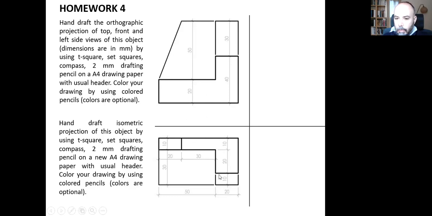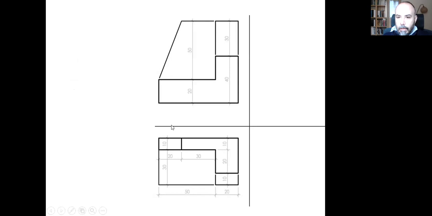And there are some clues here, like these gaps all over the drawing. So if you are careful enough, we can understand the object easily. Let's do it together. Let's check how we can solve this.